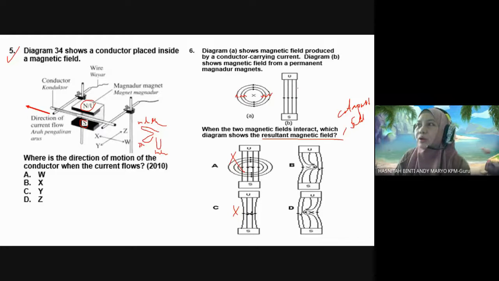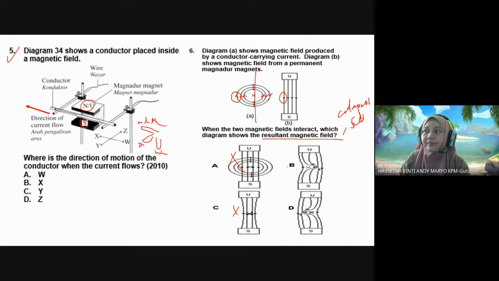Okay, so when we combine, if you look at the left side, the magnetic field is pointing downwards. But on the left for the conductor it is pointing upwards, right? So they are in opposite directions. So the magnetic field at the left side is stronger or weaker, student? Opposite direction. Okay, when they combine, the magnetic field on the left is in opposite directions, so they are weak. So on the left, they are weak.